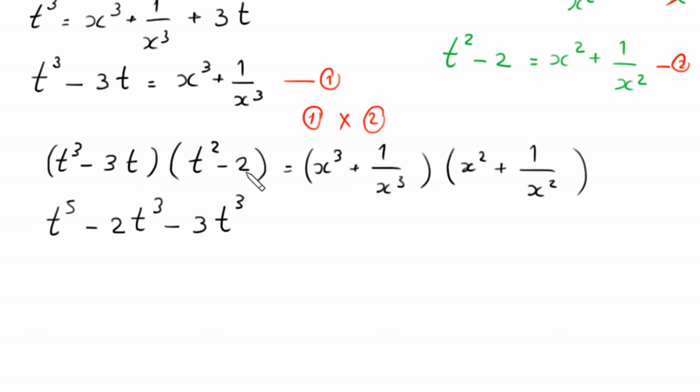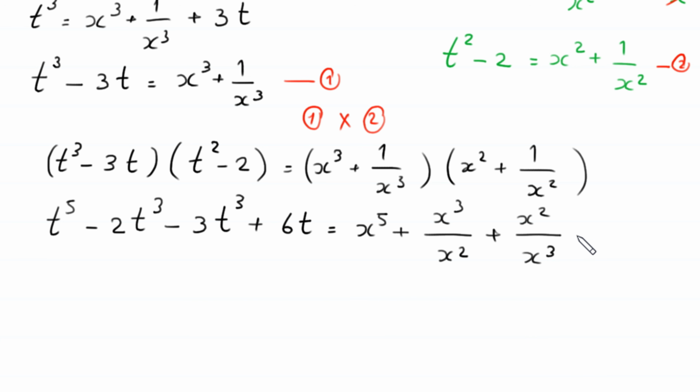Negative 3t times negative 2 will become plus 6 times t. This is equal to x cubed times x squared, which will become x to the power 5, and x cubed times 1 over x squared will become plus x cubed over x squared, plus 1 over x cubed times x squared will become x squared over x cubed, plus 1 over x cubed times 1 over x squared will become 1 over x to the power 5.